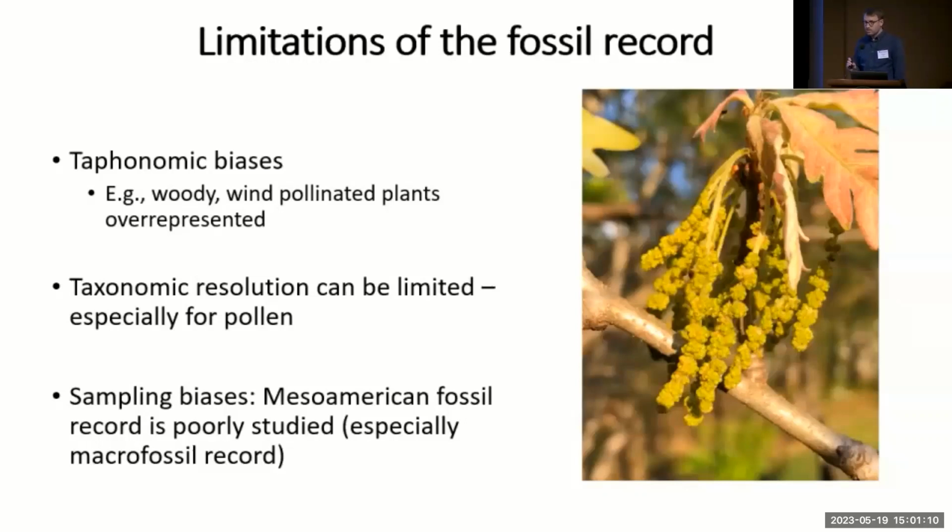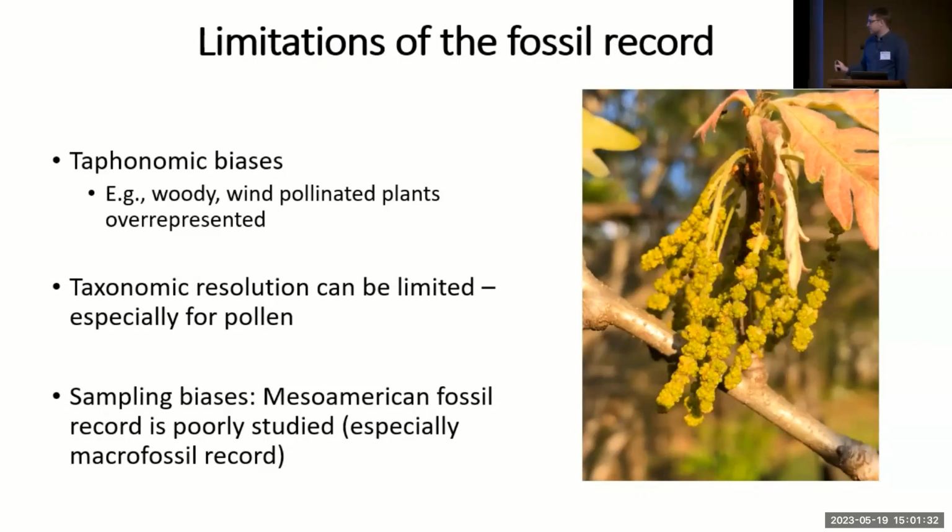And so the fossil record is a very limited window on this disjunction pattern in general. And then also taxonomic resolution of pollen can be quite limited. So if you're thinking about working out species complexes such as the Vitis cinerea complex, it might not give you that much insight on the diversity there.